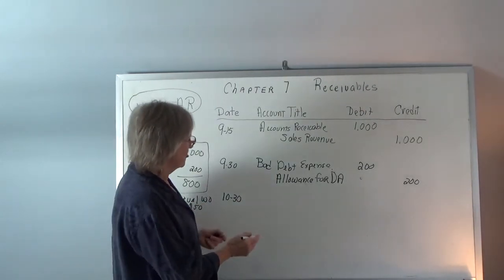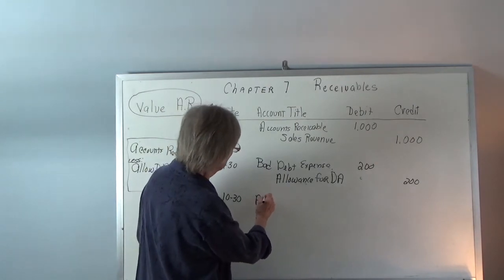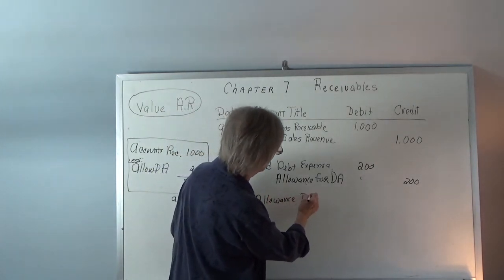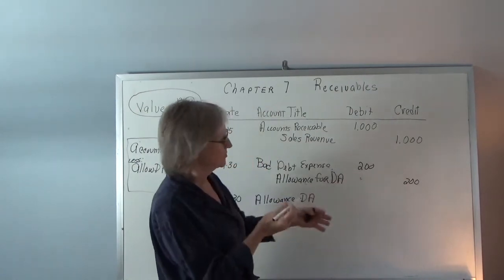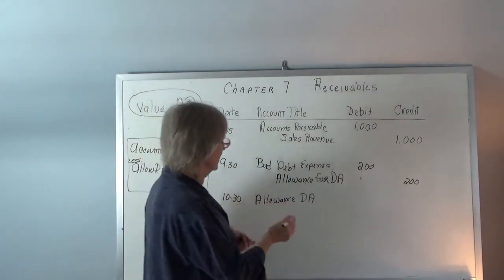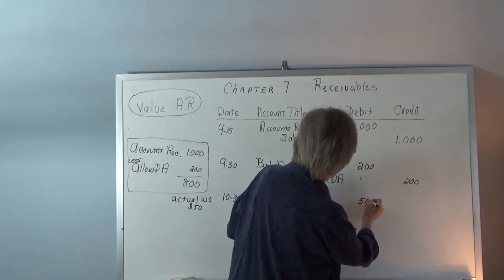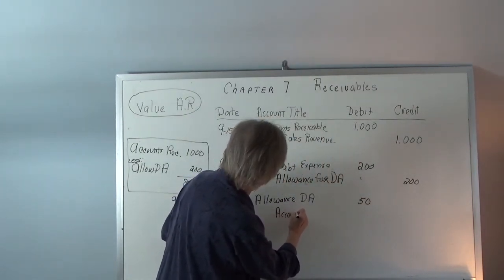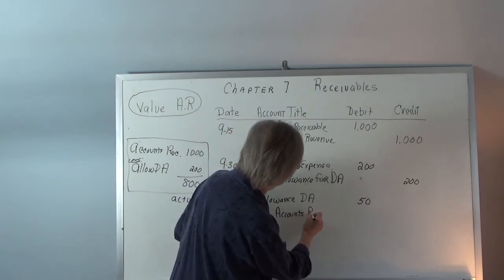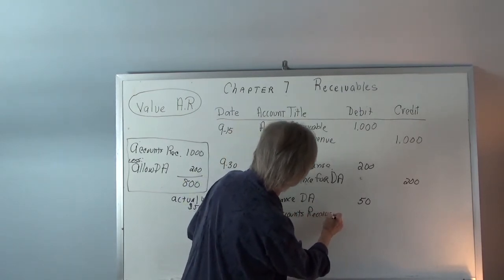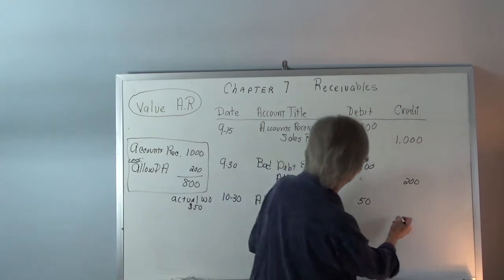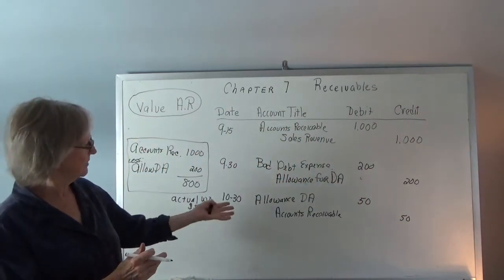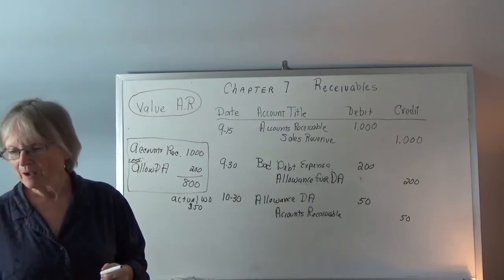So what do we do? Well, here we're going to debit the allowance for doubtful accounts that we've set up. We figured 200 worth would not pay. Now we have an actual write-off of 50. And the logical credit entry is to that particular person's accounts receivable, because they're not going to pay us. Okay, so we have an actual write-off.